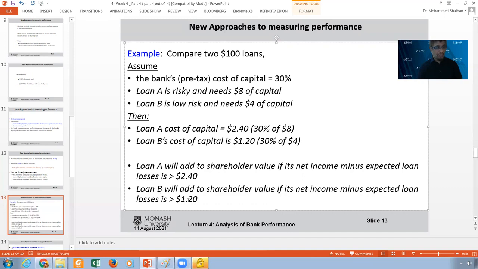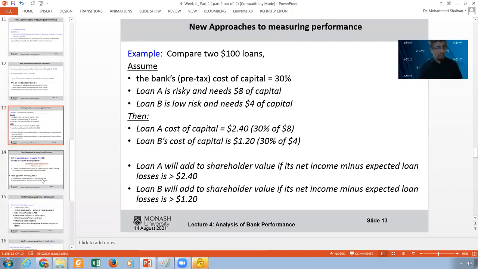The same thing applies to B: when the net income minus the expected losses is still over 1.20, I still have an economic value after I cover my cost of capital.